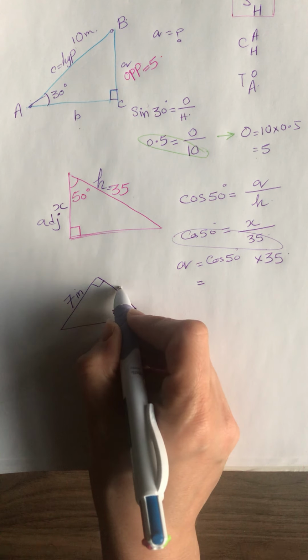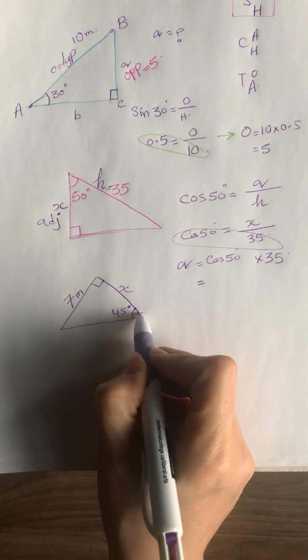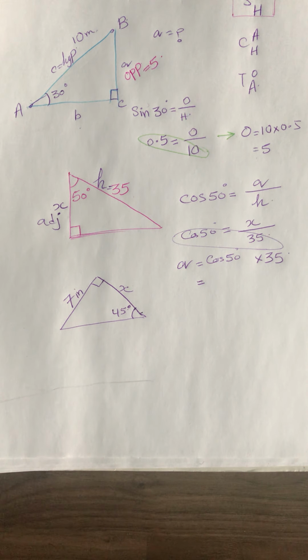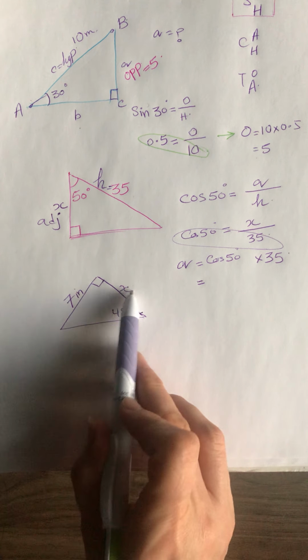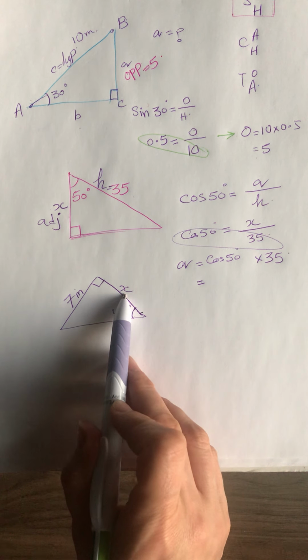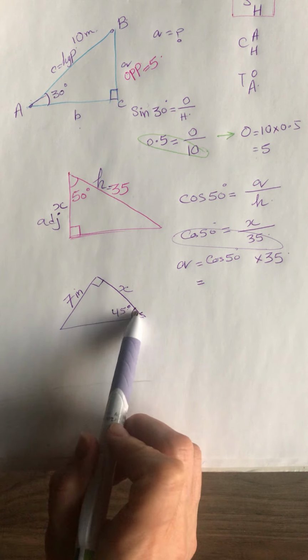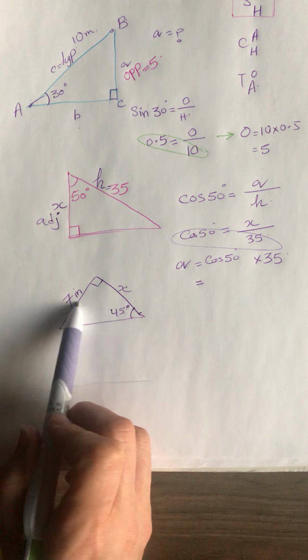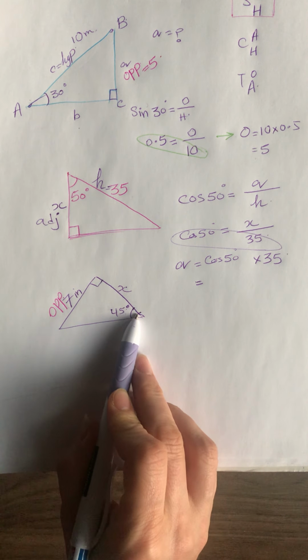And this side is missing, X is missing. In this case, I'm going to look at my angle and label the sides that are given and the one which is missing. To 45, what is this? That's the opposite, correct? That's the opposite to 45.